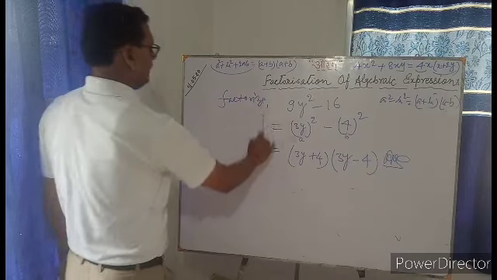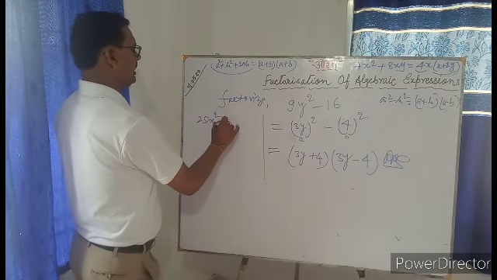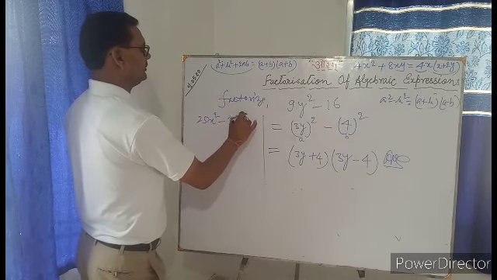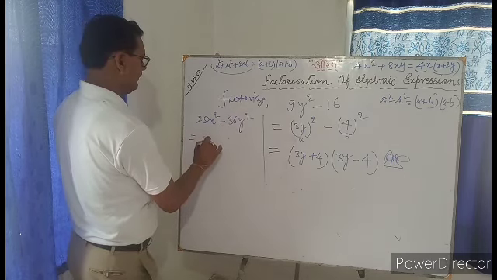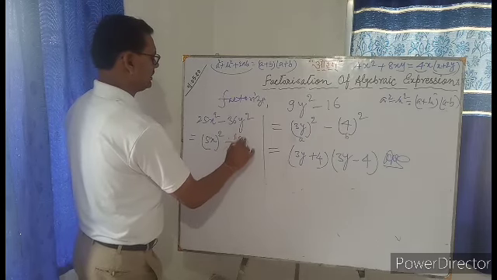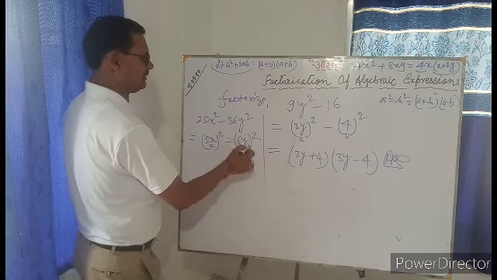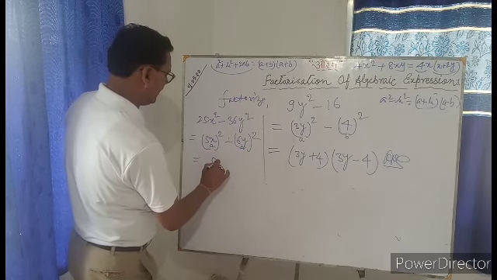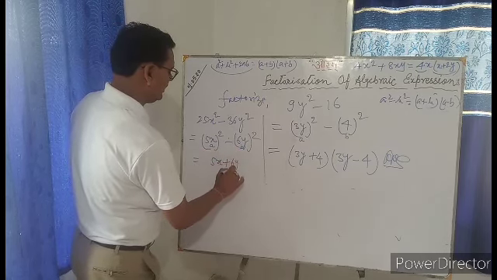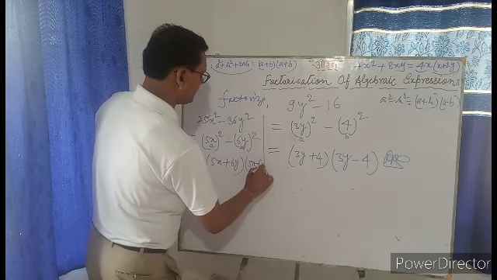Okay, suppose you are given 25x square minus 36y square. Suppose this can be written (5x) whole square minus (6y) whole square. Here it is a and here it is b. Now a square minus b square, a plus b, (5x plus 6y) into (5x minus 6y).